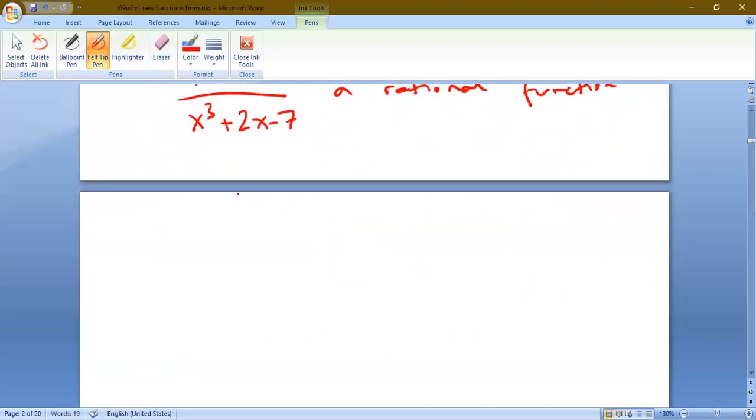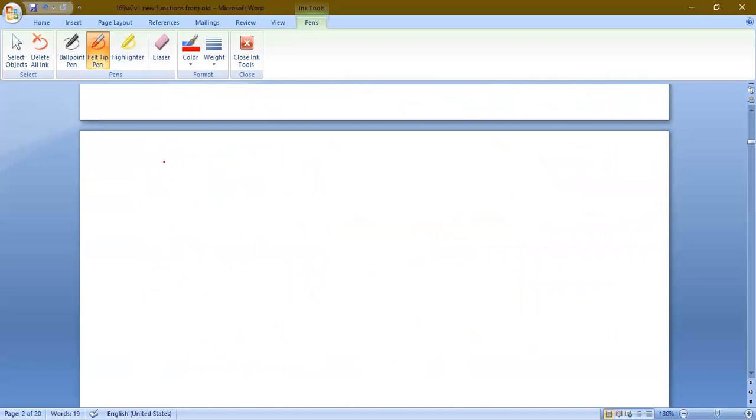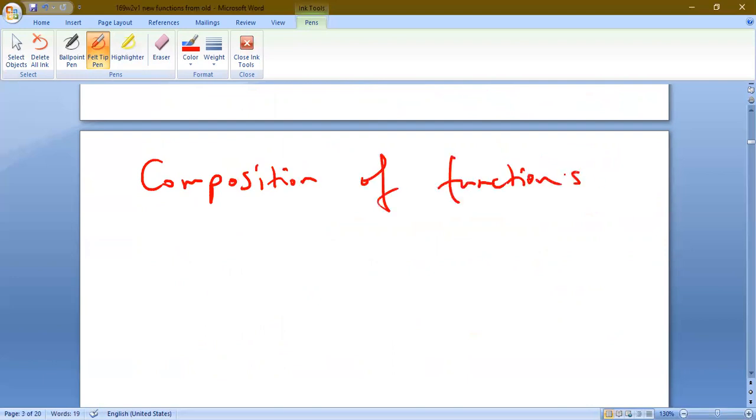Another way to get new functions is composition of functions. Compositions of functions are defined like this.